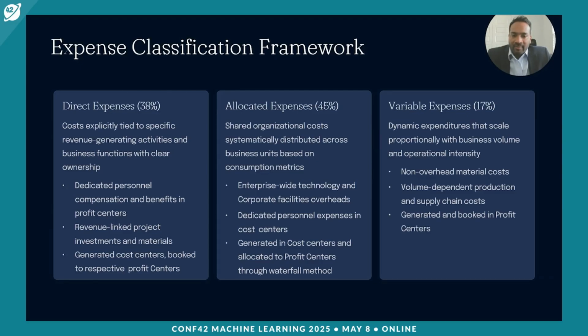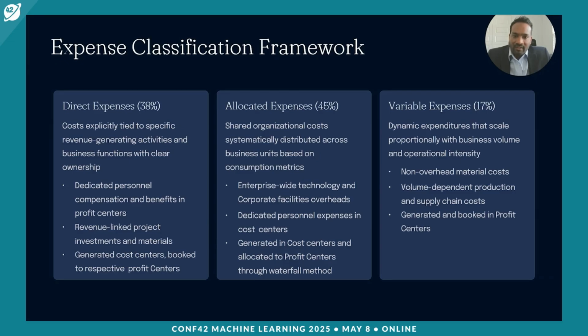Now the next bucket is allocated expenses. This sounds a little bit like direct expenses, but here I'm more focused on the organization's overhead costs, which you can think of as technology costs, IT costs, and compliance, legal and risk teams' costs, all of which are essential for the successful running of the organization. And these are pure cost centers, like we spoke about in the earlier slide.